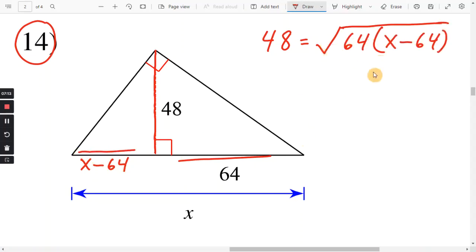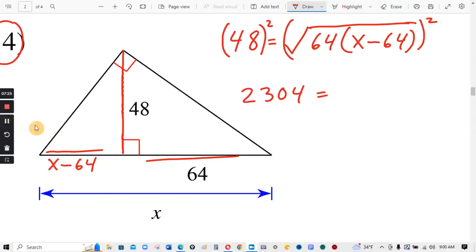Okay, in order to remove the square root, we're going to square both sides. 48 squared, I'll do on the calculator. And I get 2304. And this whole thing is under the square root.